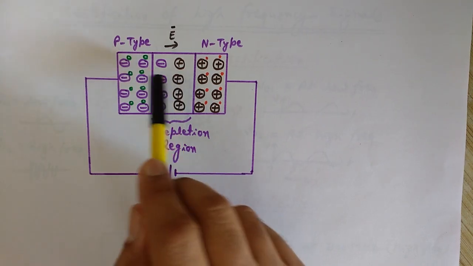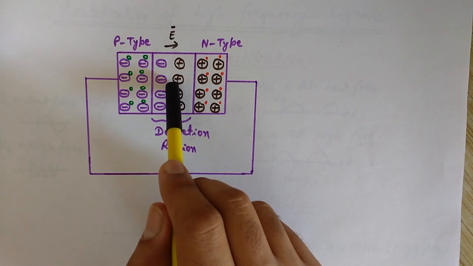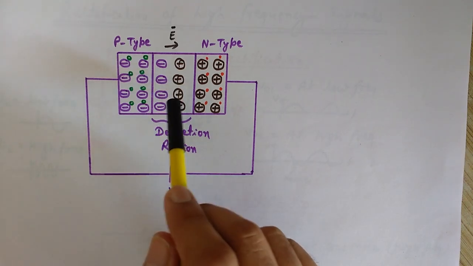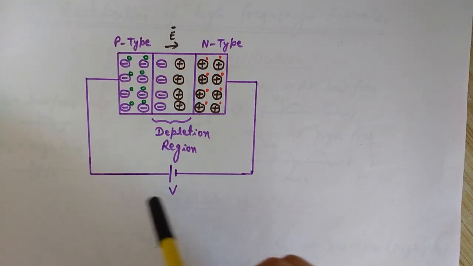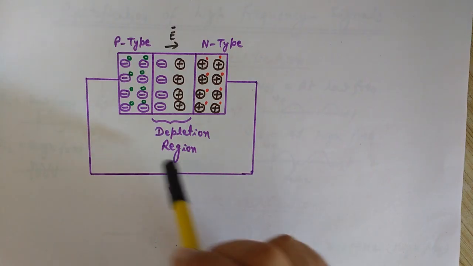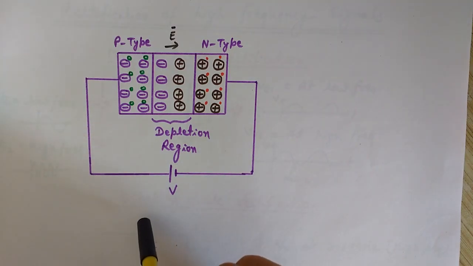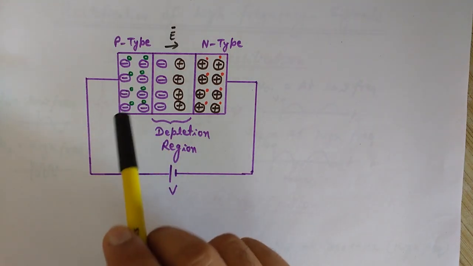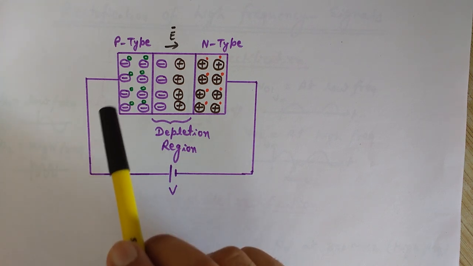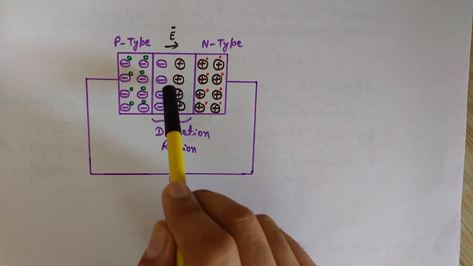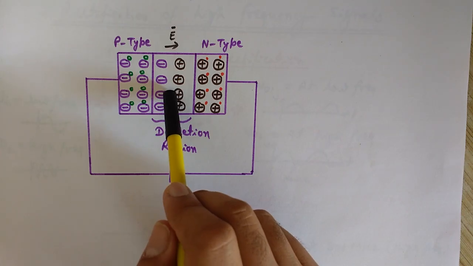So the diode starts to conduct, but when we turn off this diode, or when we remove this voltage supply, this normal diode takes time to turn off because of the charge storage at the junction. This time is known as the reverse recovery time.